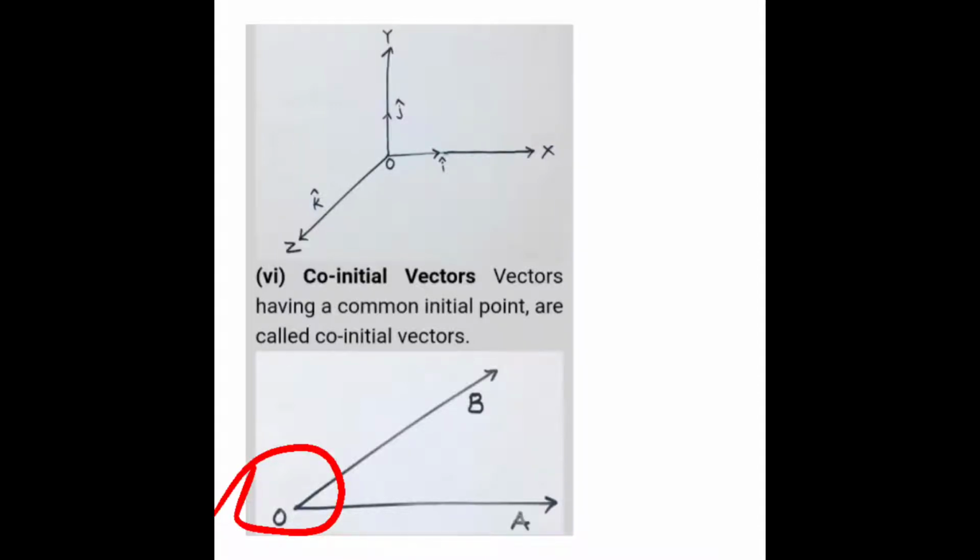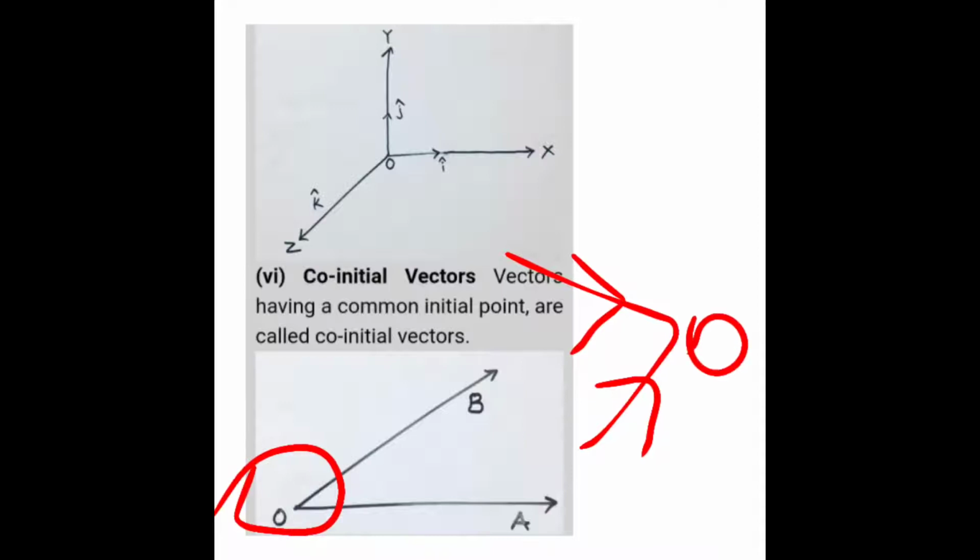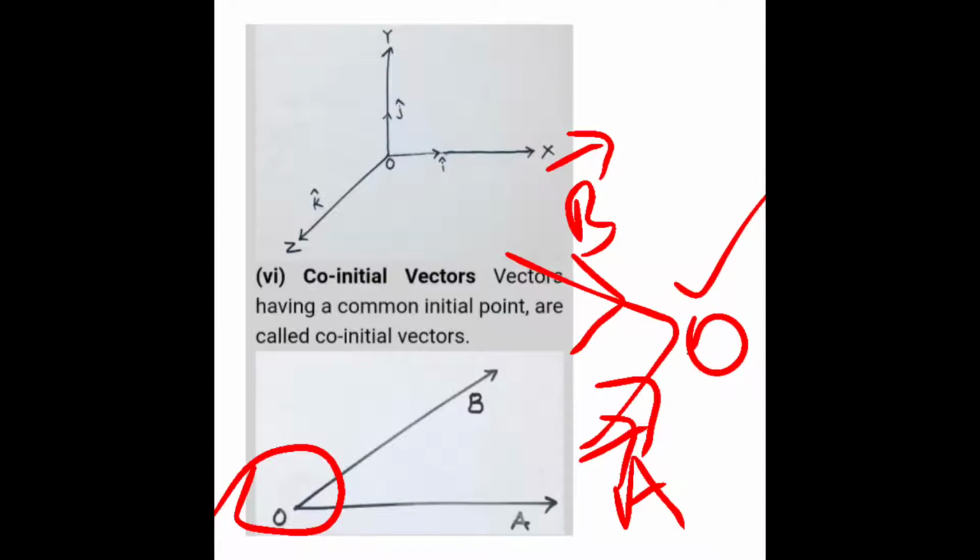Now co-terminal is just the opposite: when two vectors end at a fixed point. If this is v vector and this is a vector, this is called co-terminal vector, meaning both vectors end at a fixed point. But here, from a fixed point two vectors are starting, so this is co-initial, and this is called co-terminal.